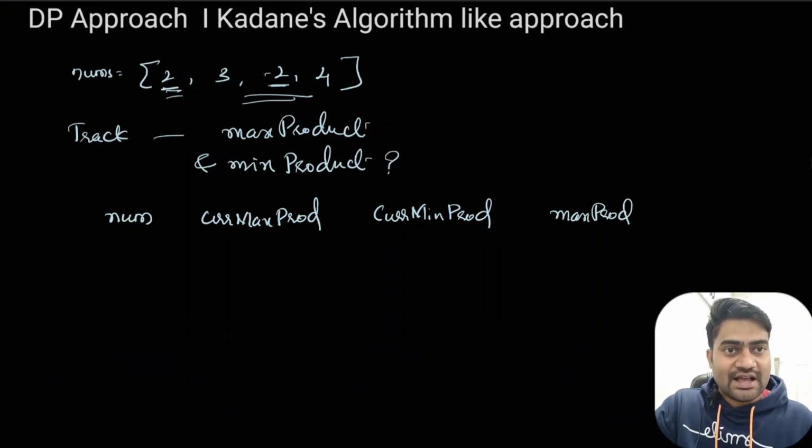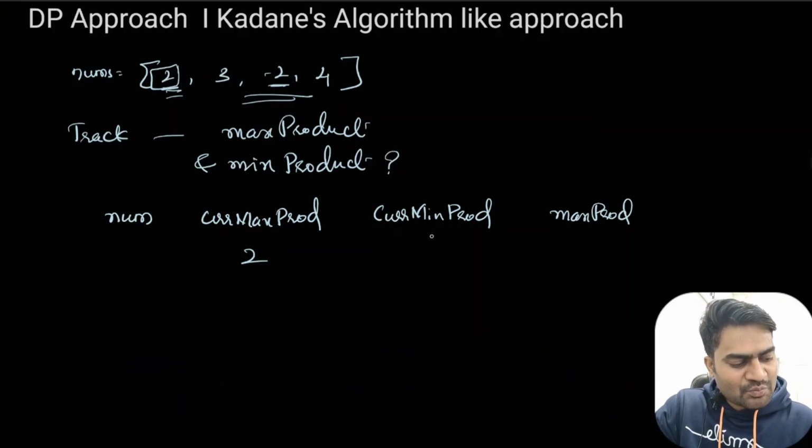Let us assume that will be the current max product, and that will be the current minimum product. If there is only one number, then the possible max product would be that particular number. So I will initialize my current max product with the first number that appears in the array. Then the minimum product will also be the same. And the maximum product will also be 2, correct?